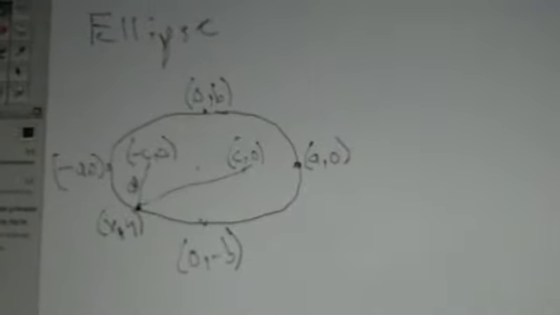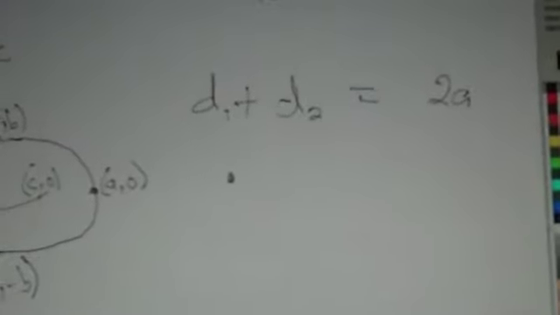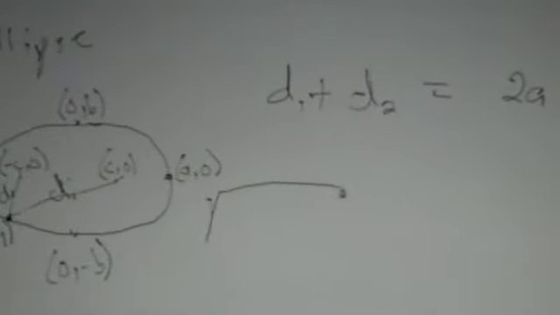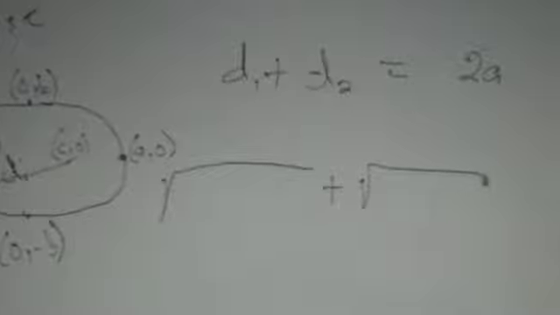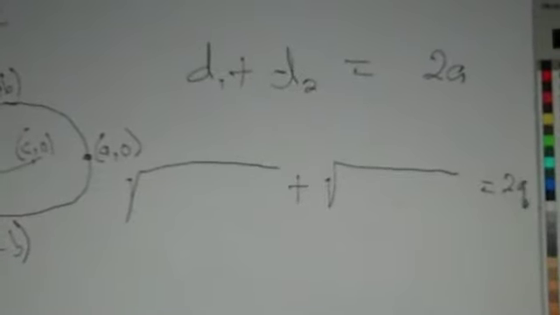And now I have a distance 1 and a distance 2. And the definition of an ellipse is that distance 1 plus distance 2 always equals 2a. In other words, the sum of focal radii is always 2a. So now it's distance 1 plus distance 2 equals 2a.